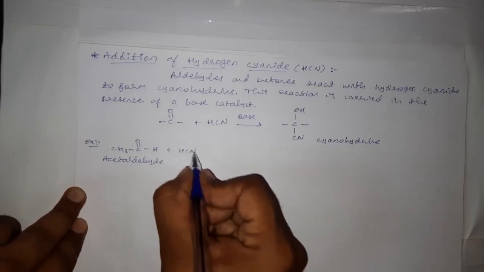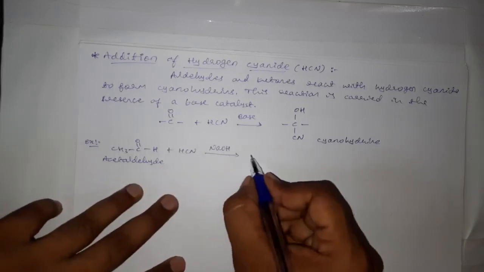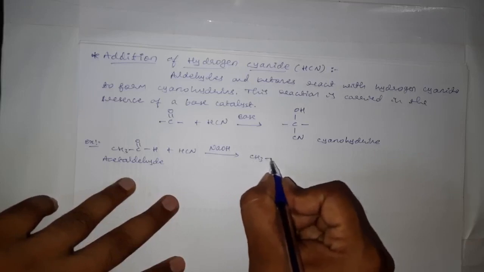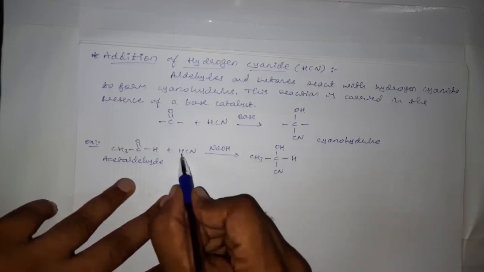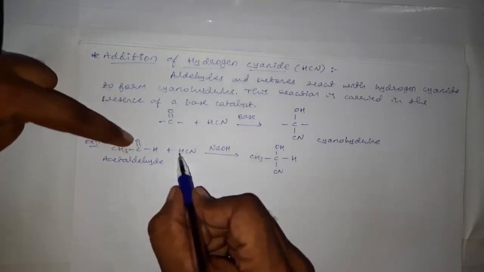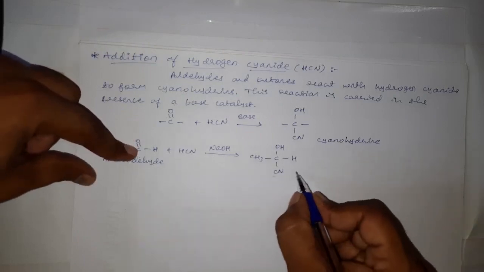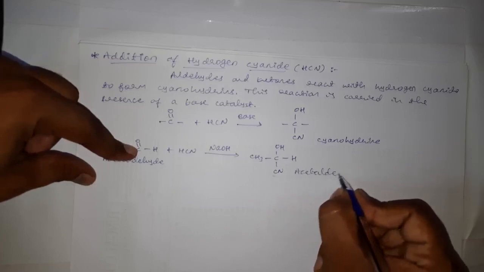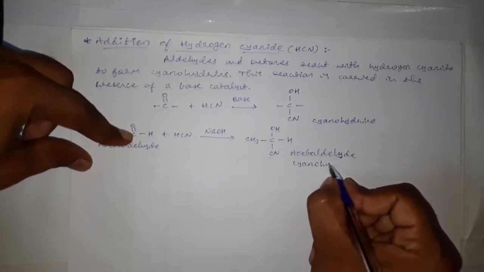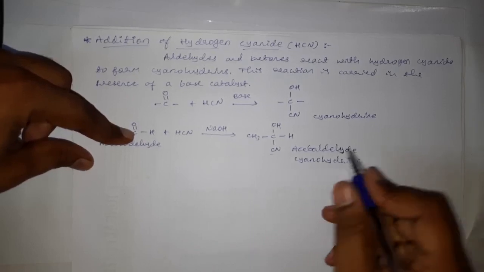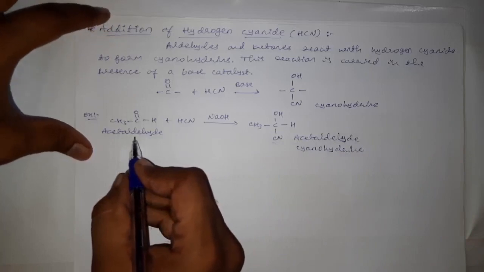When it is treated with hydrogen cyanide in the presence of NaOH as a base catalyst, we get CH3 CH(OH) CN. The H adds to the carbonyl oxygen and the CN adds to the carbonyl carbon to form acetaldehyde cyanohydrin. This is an example for aldehydes.